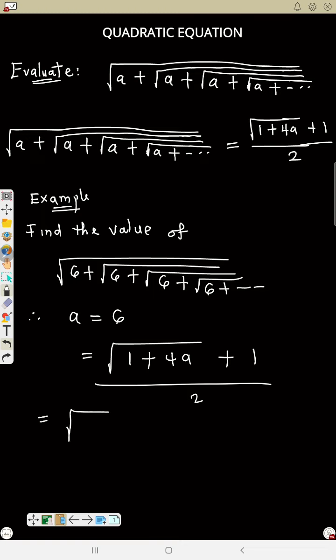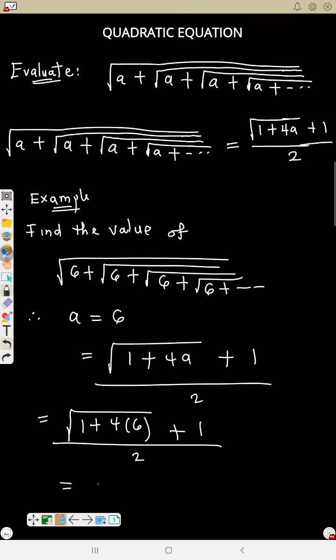This is the same thing as square root of 1 plus 4 brackets a, where a is 6. So square root of 1 plus 4a, then plus 1, everything divided by 2.